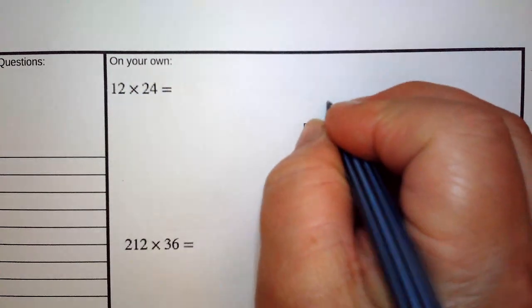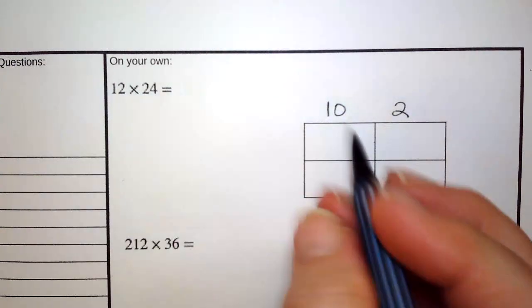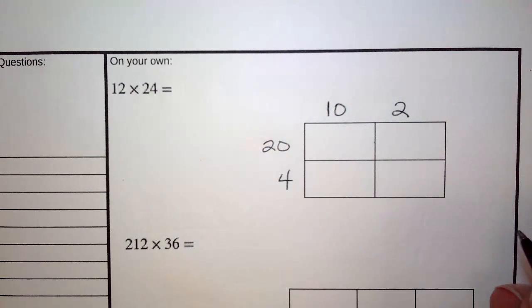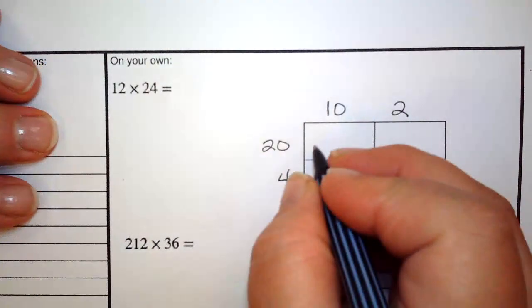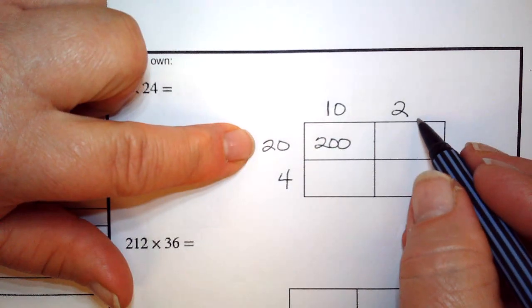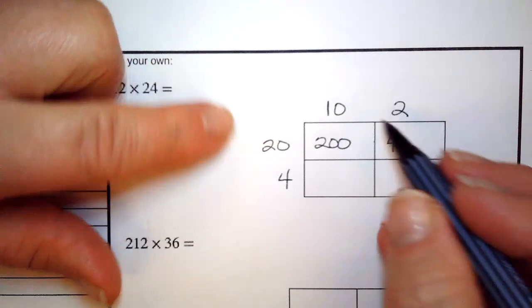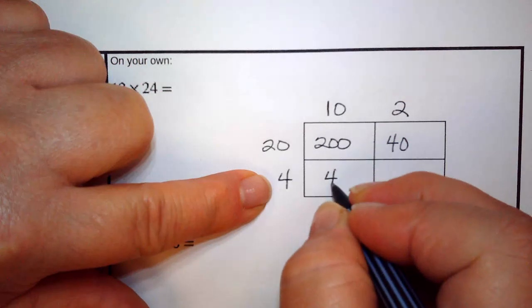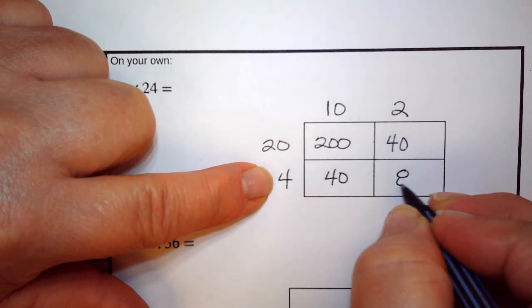12 is 10 plus 2. 24 is 20 plus 4. 20 times 10, 200. 20 times 2, 40. 10 times 4, 40. 4 times 2, 8.